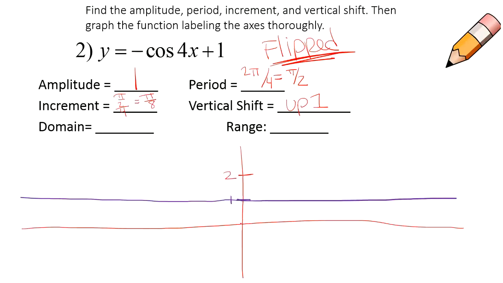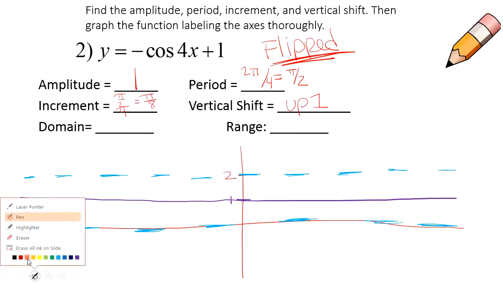Notice my amplitude is actually going to be my x-axis, right? So we're going to put our dotted lines here. This guy's going to be pretty skinny compared to what we normally have for our graphs, or what we've been doing recently. It's going to be a pretty skinny graph. There we go.